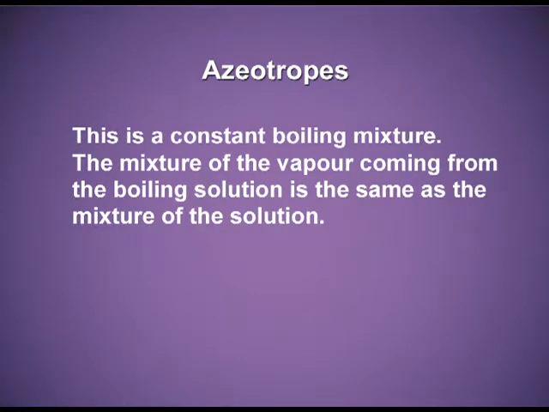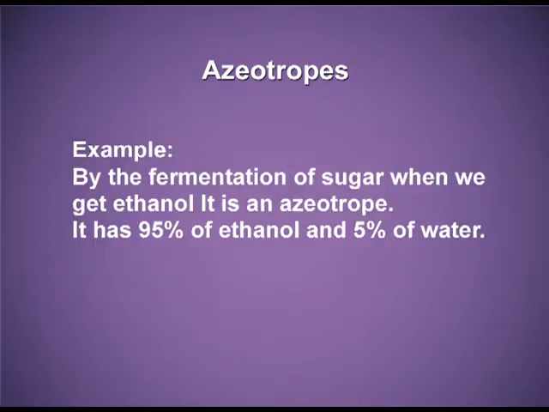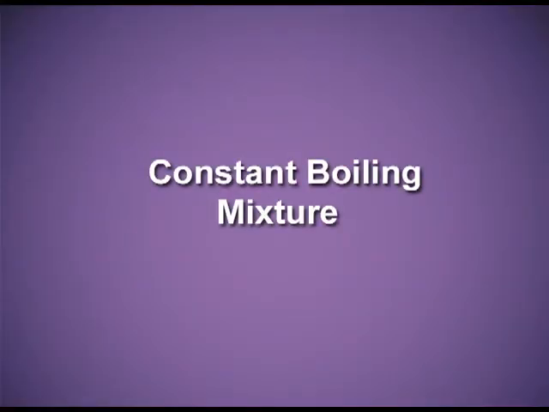The mixture of the vapor coming from the boiling solution is the same as the mixture of the solution. Example: by the fermentation of sugar, when we get ethanol, it is an azeotrope. It has 95% ethanol and 5% water. It is very difficult to separate water from this ethanol. These are constant boiling mixtures.